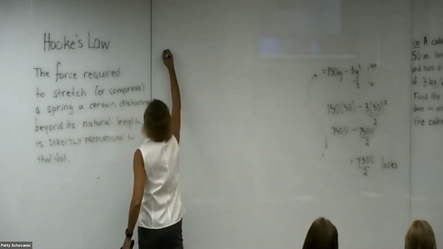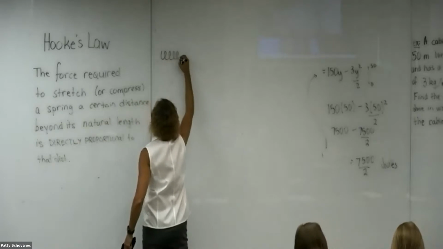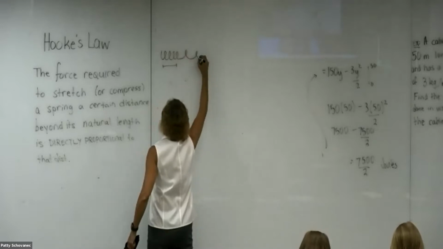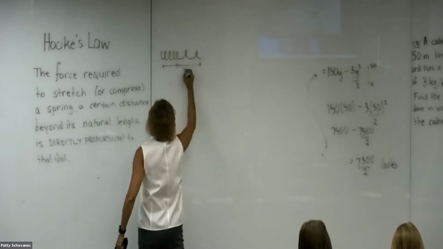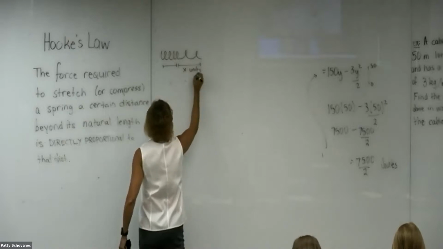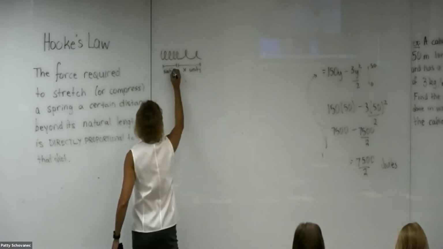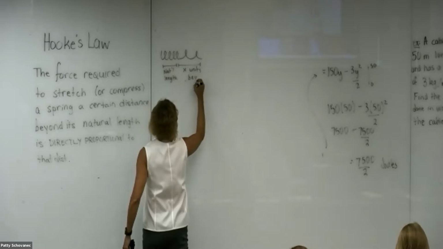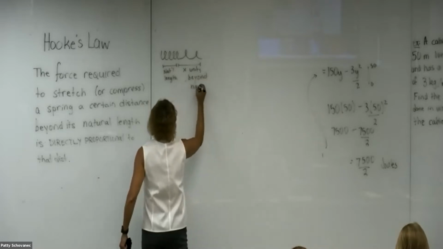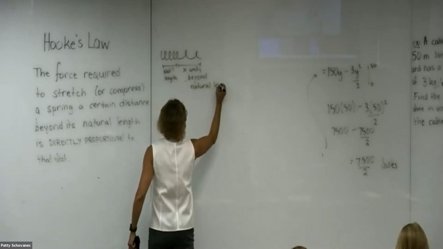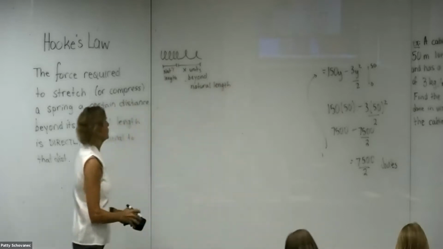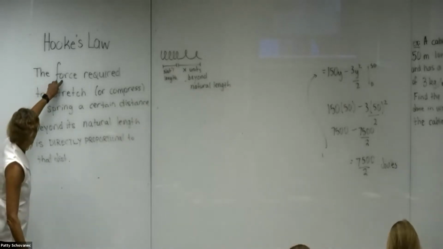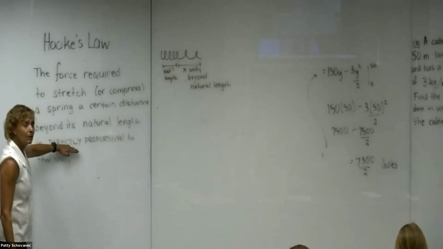If this is the natural length of a spring, and then you're going to stretch it x units beyond the natural length, then F is roughly equal to x.